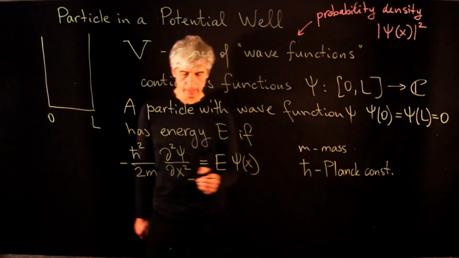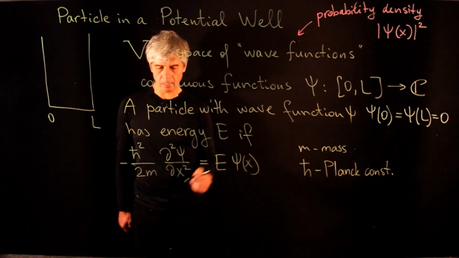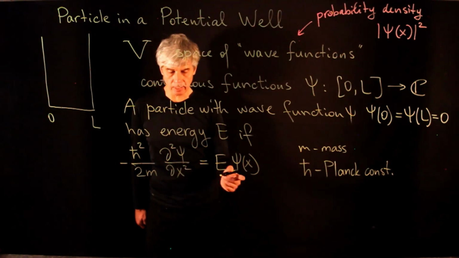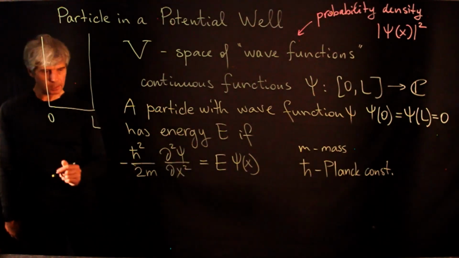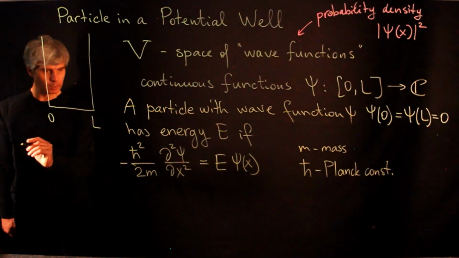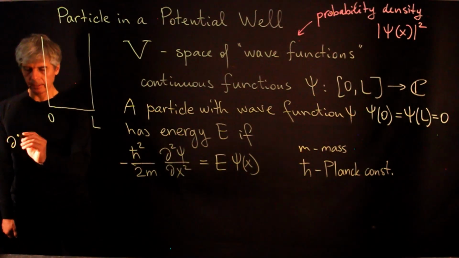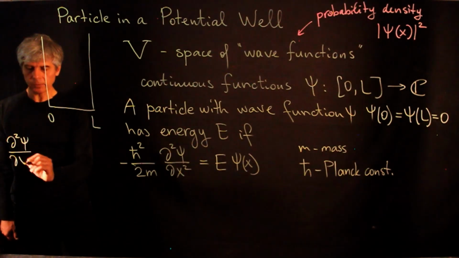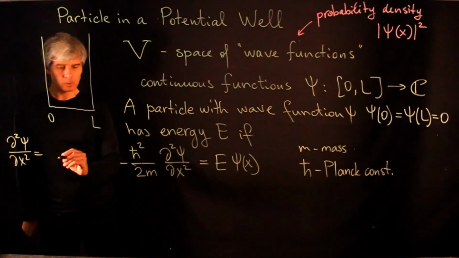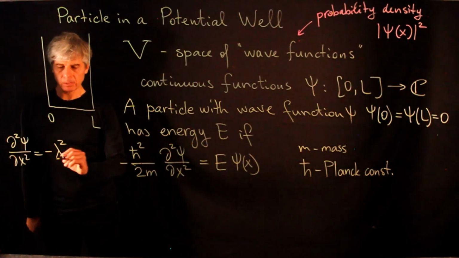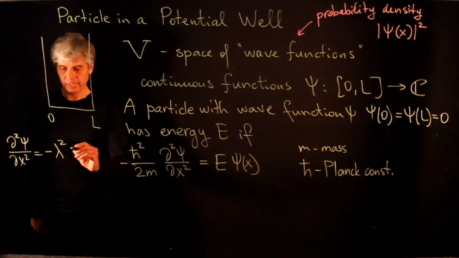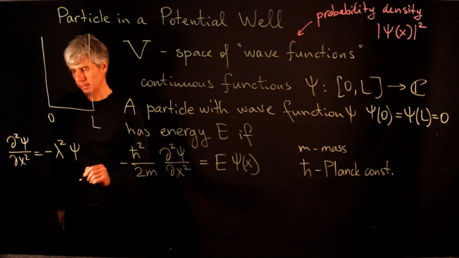Basically what we have here is a wave equation. We can rewrite this equation as the second derivative of psi with respect to x equal to minus lambda squared psi.